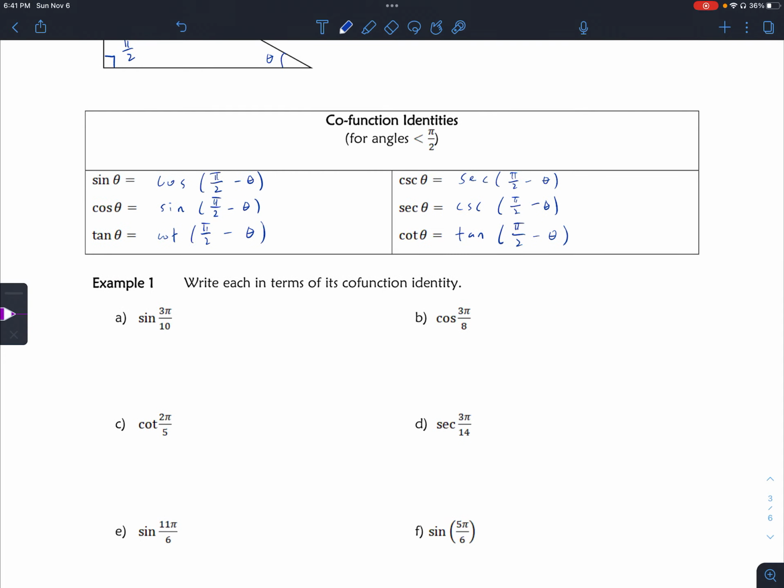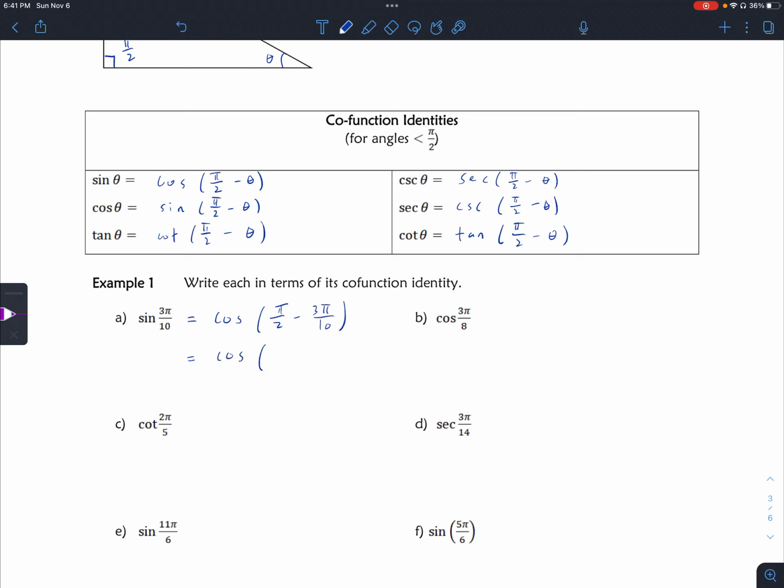So starting with sine of 3 pi over 10. We know that's going to be cosine of pi over 2 minus 3 pi over 10. And so what is that going to become?